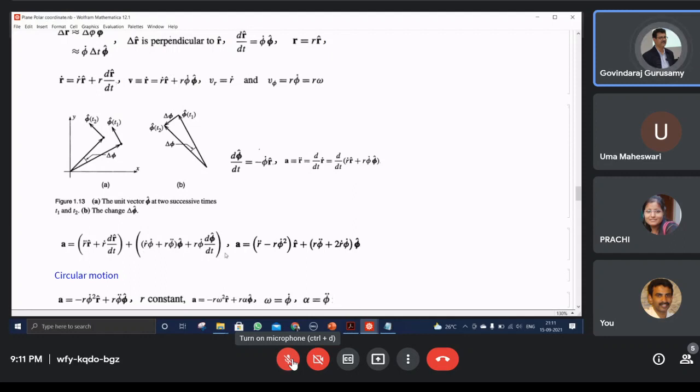Do you find this is the relation you are getting? Please check whether this is right or not. There are two products like uv, no? I retain r cap and take a derivative of r dot to get r double dot, plus retain r dot and take a derivative of dr cap by dt.